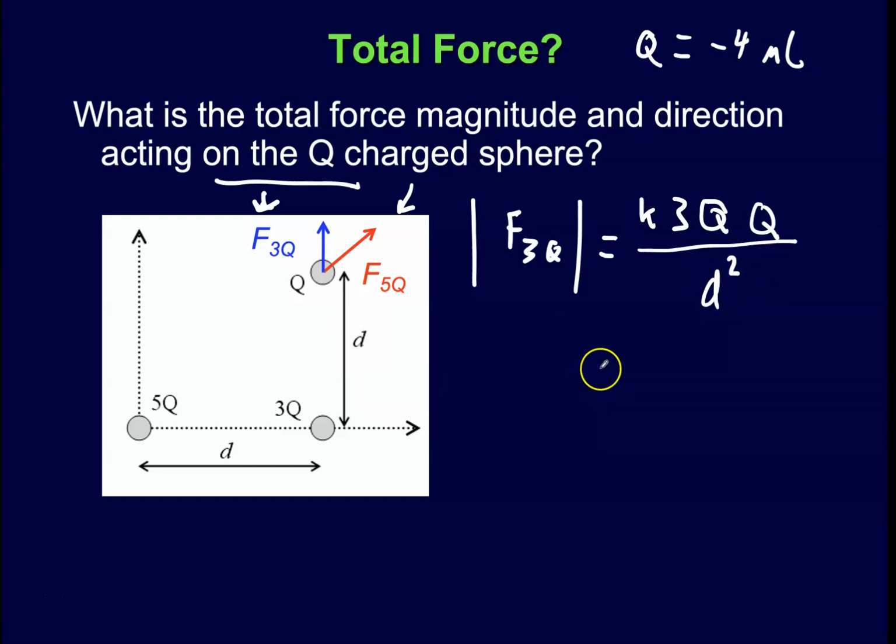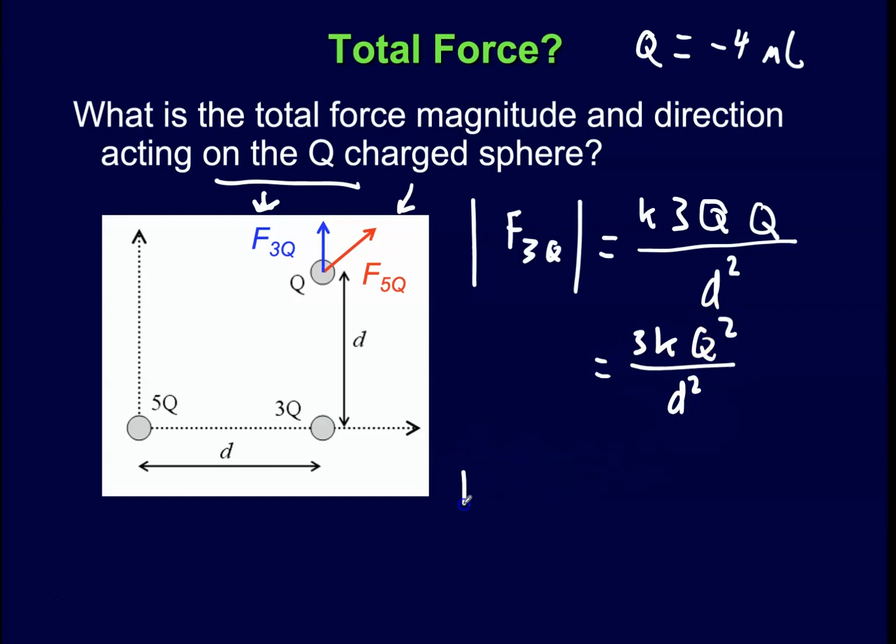All right, if I clean that up a little bit, I'll get 3kQ squared over d squared.